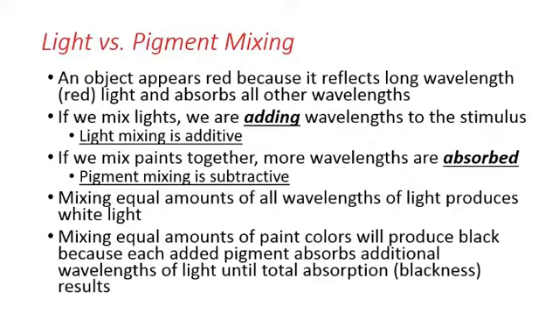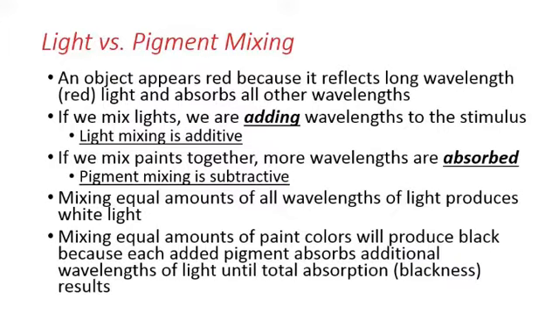If we're mixing different colors of lights, one wavelength is being added to the other wavelength. If we mix paint together, interestingly, more wavelengths are absorbed. And so in this sense, pigment mixing is subtractive. We're mixing paints together. That's a subtractive process, very different from mixing light together.